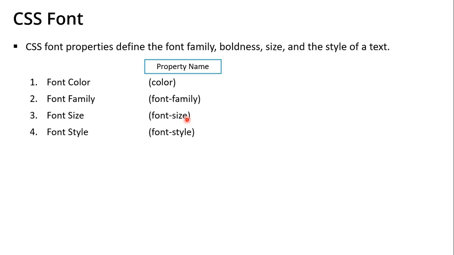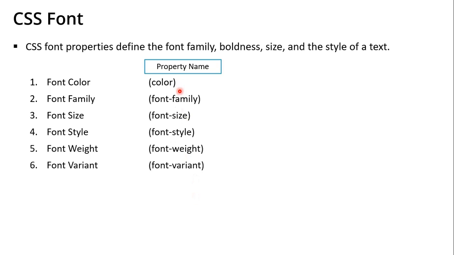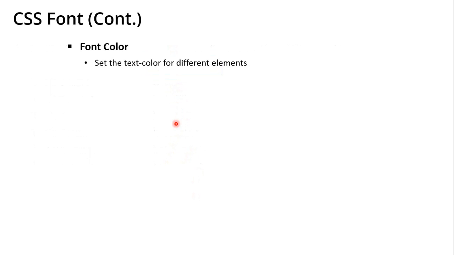Font style may be italic, then font weight and font variant. These all are the properties we can use for a font. Font color sets the text color for different elements. In H4 we write color colon red, so it will display our font color in red.